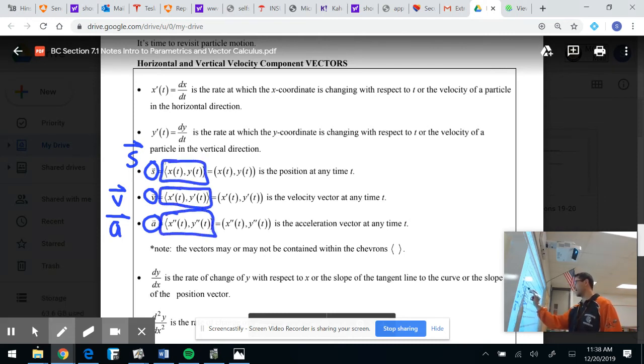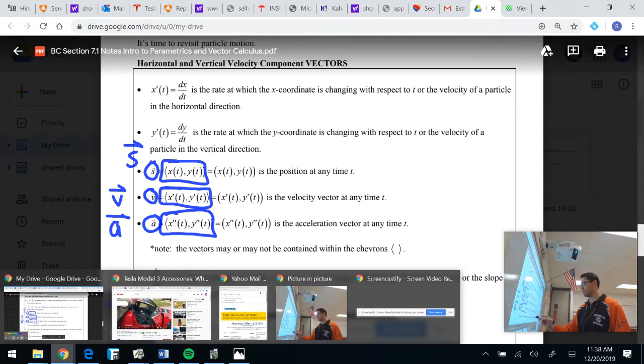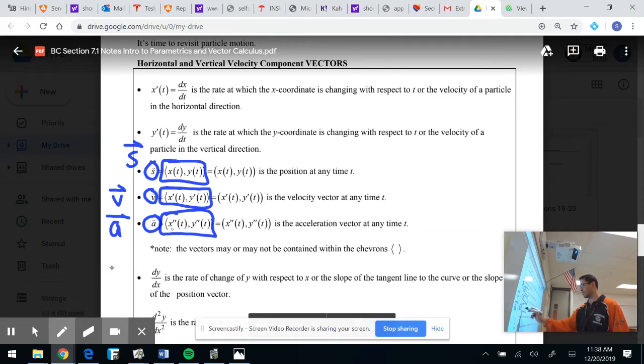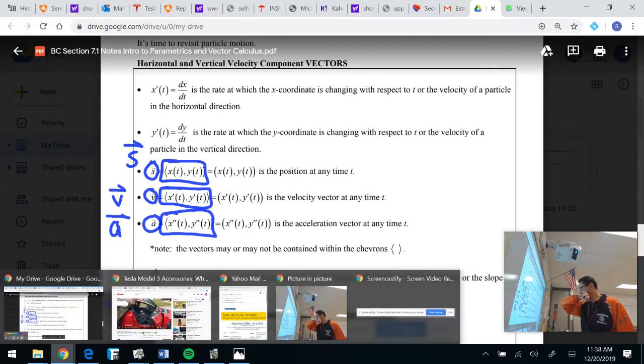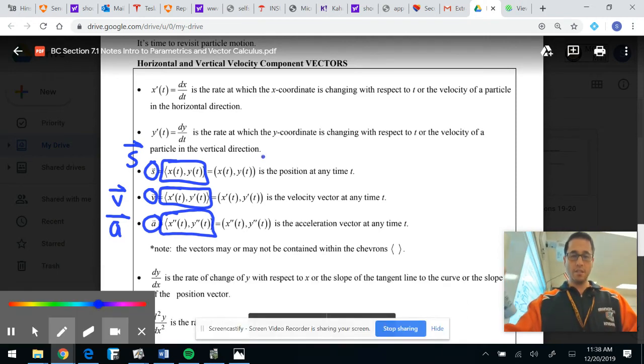And they always have an X and a Y component. Position is just X and Y. Velocity is just the derivative of x with respect to t, the derivative of y with respect to t. And acceleration is the second derivative with respect to t of the x's and the y's.